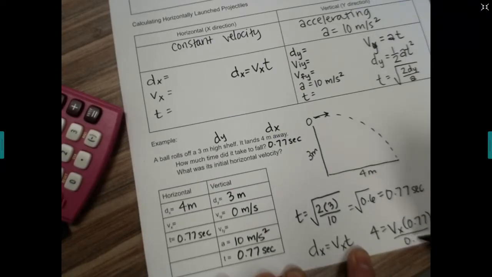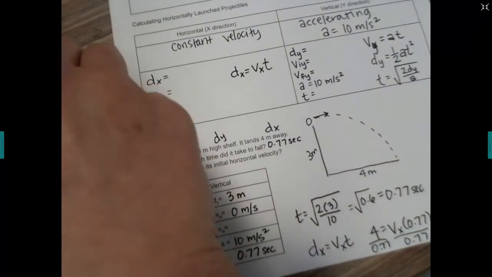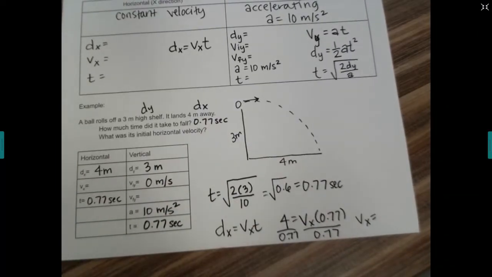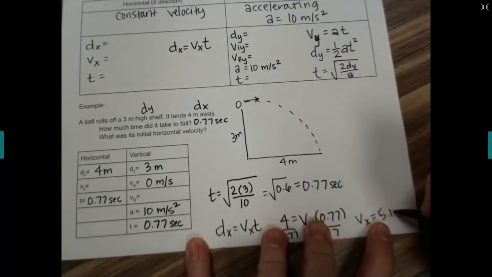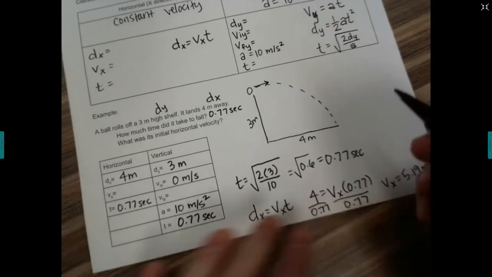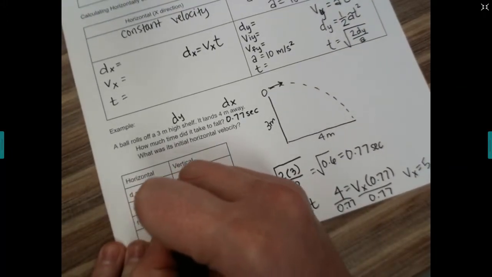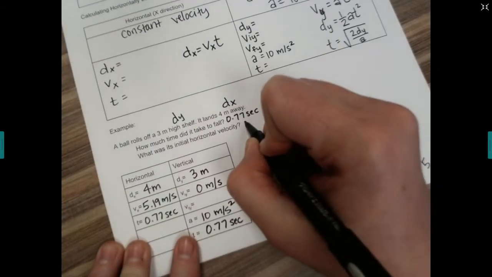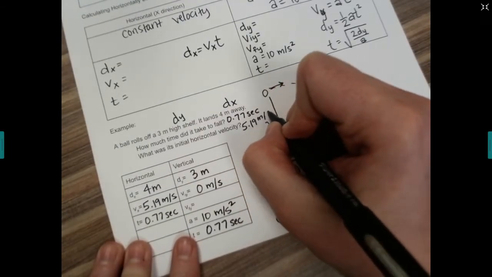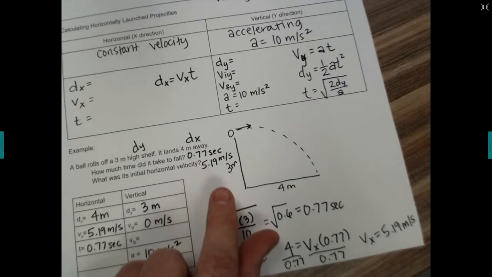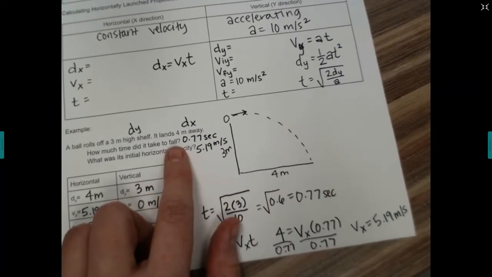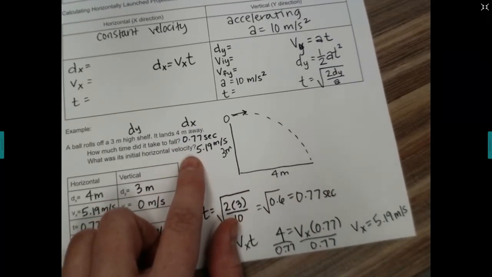I'm going to divide both sides by 0.77 so that I can isolate my variable of interest. And so velocity in the x direction is 5.19 meters per second to the side. Okay, so that's how we can figure out the time to fall, and in this case, the horizontal velocity for our object.